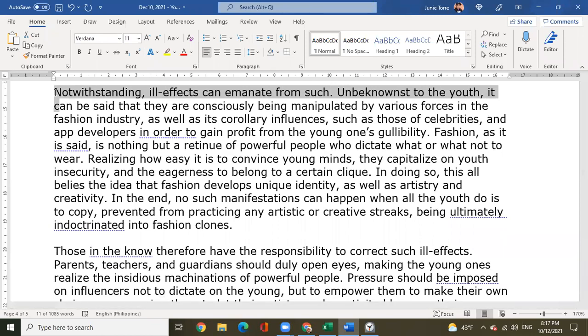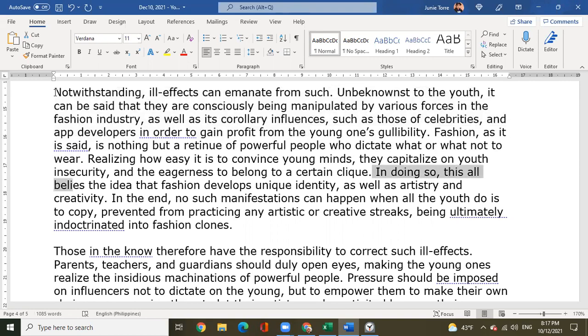Unbeknownst to the youth, it can be said that they are consciously being manipulated by various forces in the fashion as well as corollary influences such as those of celebrities and app developers in order to gain profit from the young ones' gullibility. Fashion, as it is said, is nothing but a retinue of powerful people who dictate what or what not to wear. Realizing how easy it is to convince young minds, they capitalize on youth insecurity and the eagerness to belong to a certain clique.